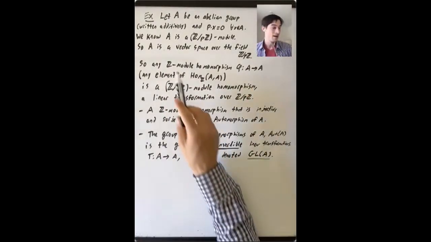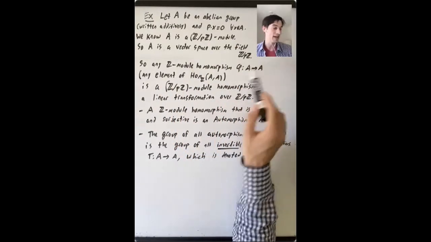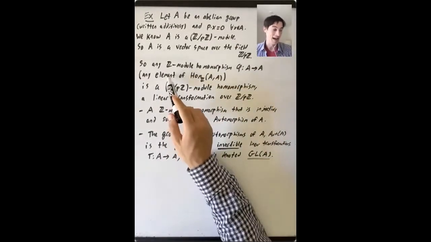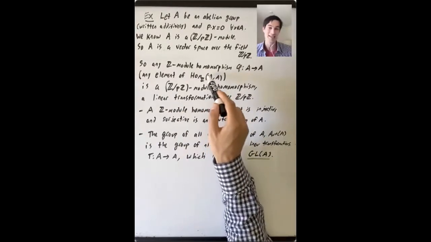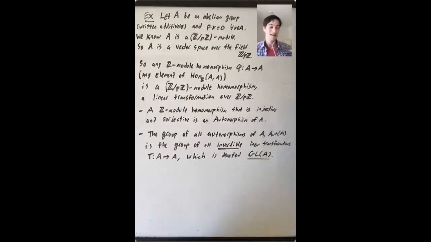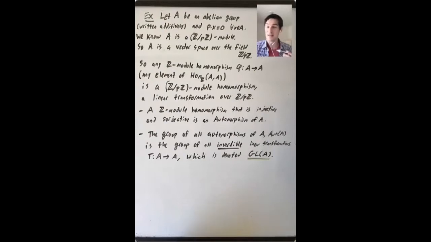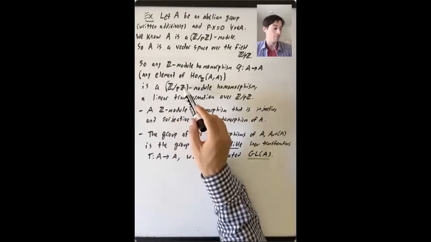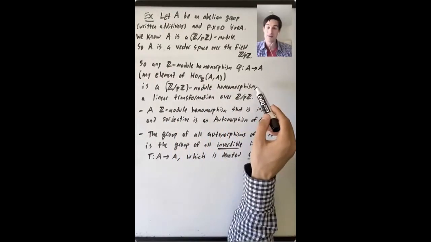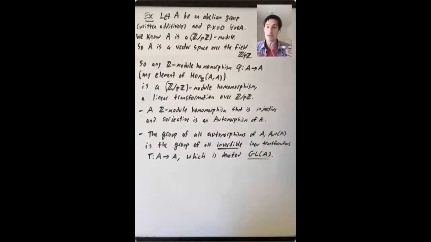So we have seen that a Z module homomorphism phi from A to A, which is an element of hom_Z(A, A), you can think about it like that, just using this notation we've introduced. This Z module homomorphism satisfies all of the things that need to be satisfied to be a Z mod PZ module homomorphism with the action of Z mod PZ on A that we just were talking about.